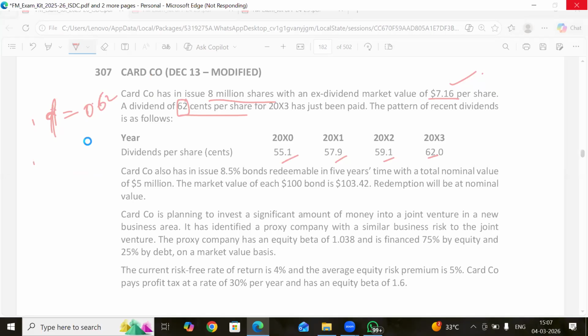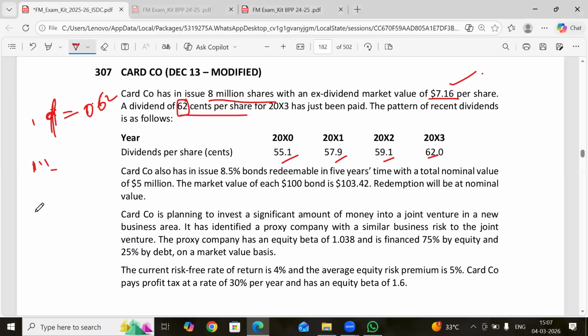If growth is involved, dividend into 1 plus growth by price minus growth. So cost of equity as per the dividend growth model is D naught, the dividend which has just been paid, into 1 plus growth factor, which is equal to D1 as well, whole divided by P naught, the share price, plus the growth factor.